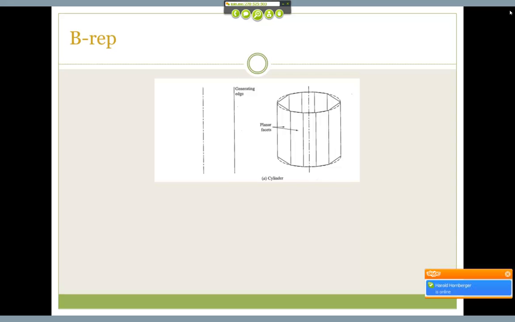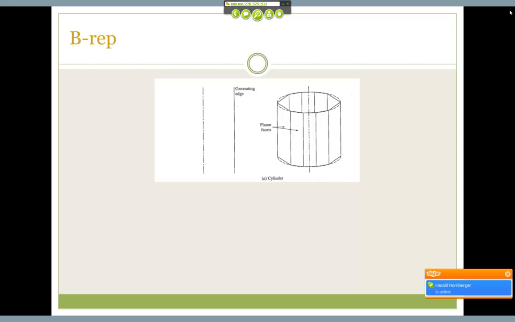Today, BREP modelers are very exact. They still display things as a faceted model. Have you ever zoomed in on an area and then watched the screen update the rough approximation of the surface? That's because it's doing a faceted display.